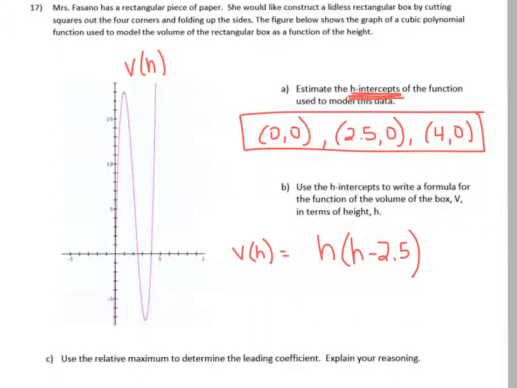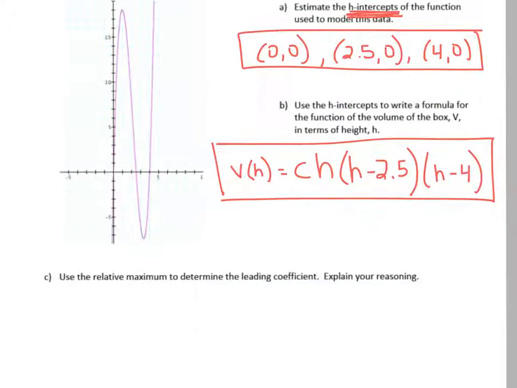And if we have a root or a 0 at positive 4, then our factor is going to be h minus 4. And again, I left a little space in the beginning of the right-hand side of this equation because we want to put a c here to represent some constant that we can have in front of our function. Letter C says to use the relative maximum to determine the leading coefficient and explain your reasoning.